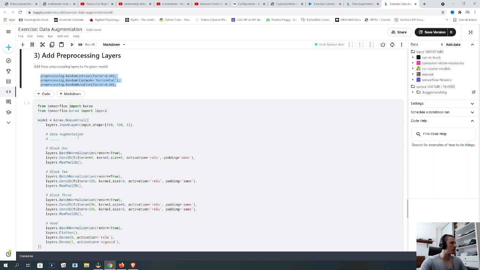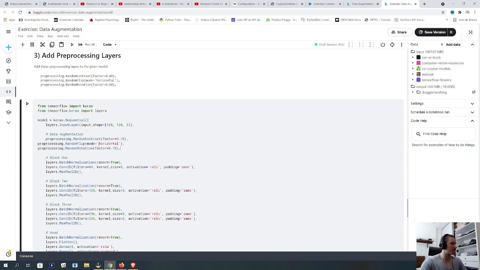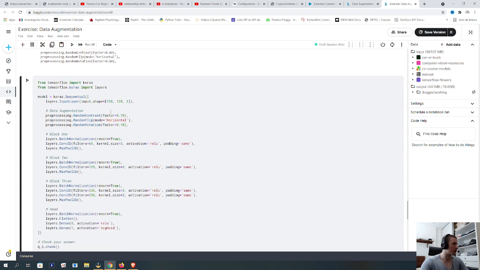So just copy and paste here. So random contrast, going to change the contrast by a factor of 10%. Going to flip the image horizontally, left to right, and rotate the image by 10 degrees.